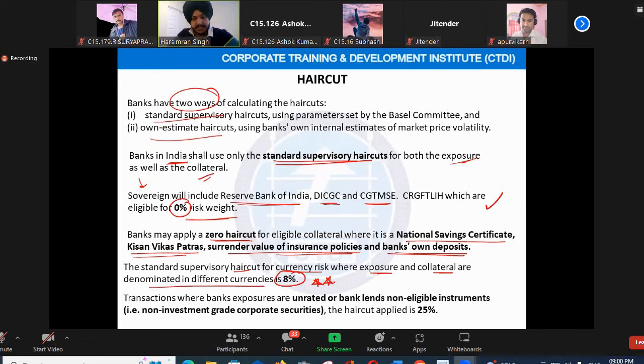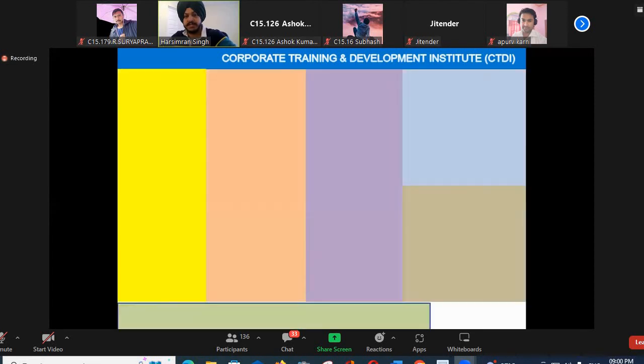And transactions where the bank's exposure is unrated, or the bank is lending against non-eligible instruments like non-investment grade securities. What are non-investment grade securities?